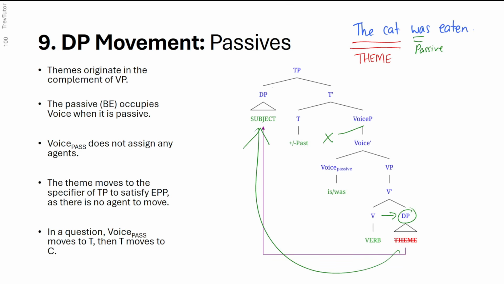So the theme is being moved up and becomes the subject. So that's how we can get a sentence like the cat was eaten. So the important thing here is that the active voice will assign an agent role as the specifier of voice P, but the passive voice does not allow it. And because there is no agent to move, we need to move the closest determiner phrase up, and that just so happens to be the theme.